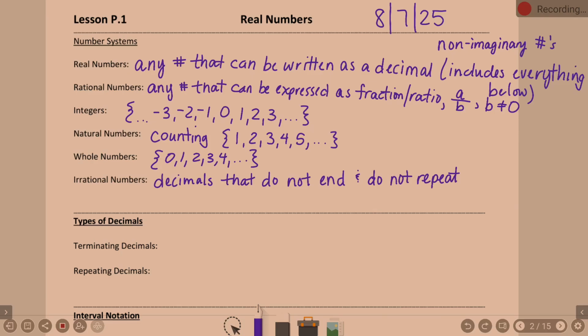The two good examples that I've heard, pi and square root of 7. We could go on all day listing examples.